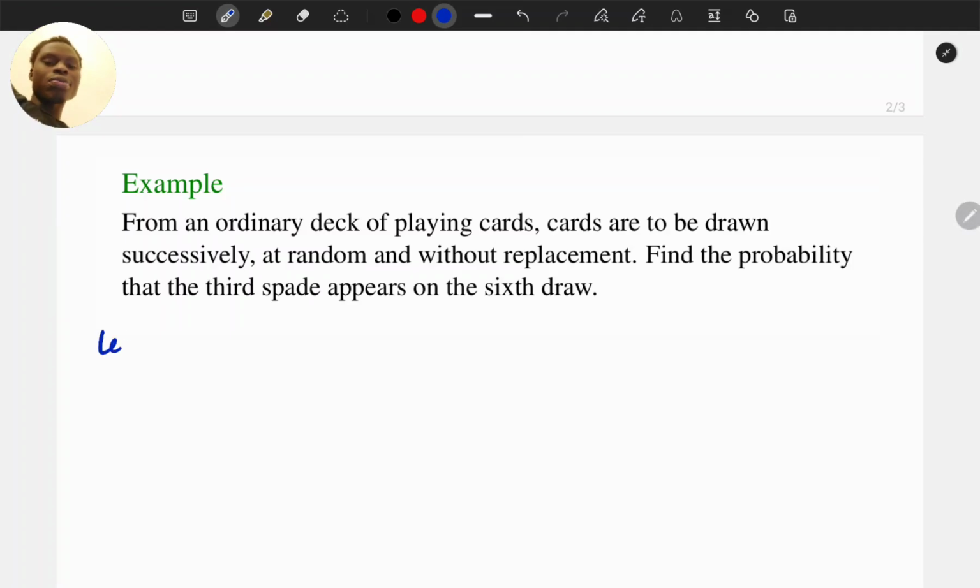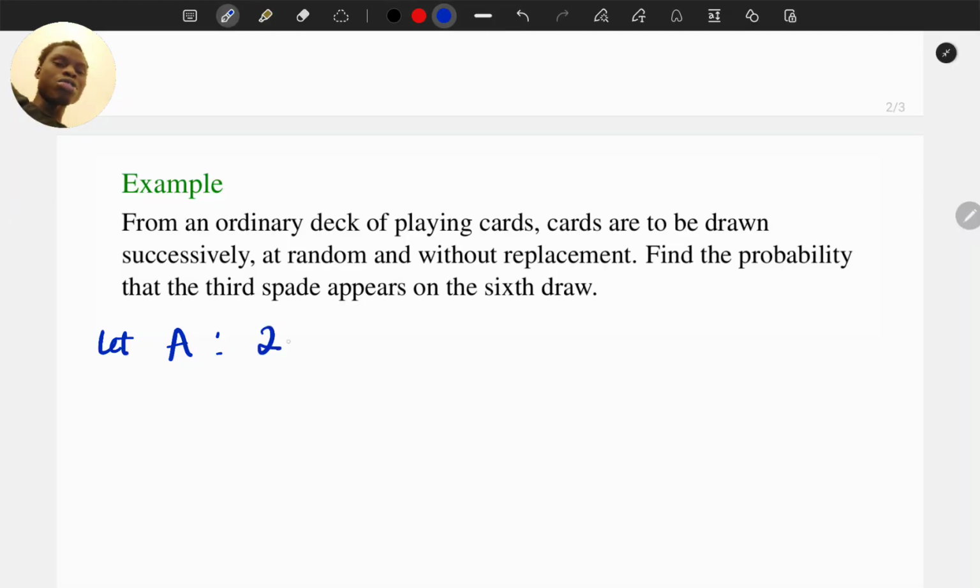So let A be the event such that we have cards drawn at random without replacement, and we find the probability that the third spade appears. That means that the first 2 spades appear in the first 5 draws.